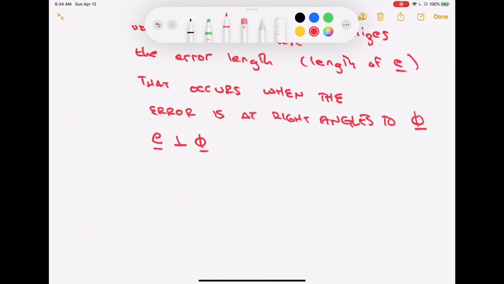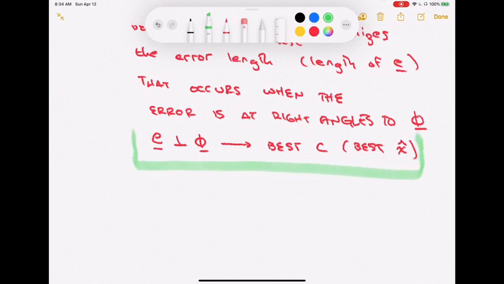This whole thing leads to the best C, and therefore the best x hat. This idea is something called the orthogonality principle.